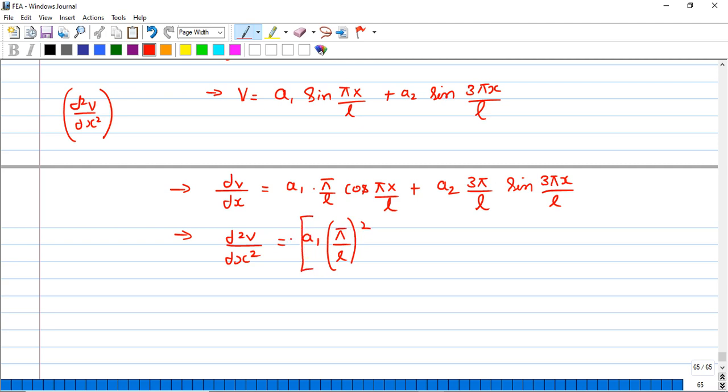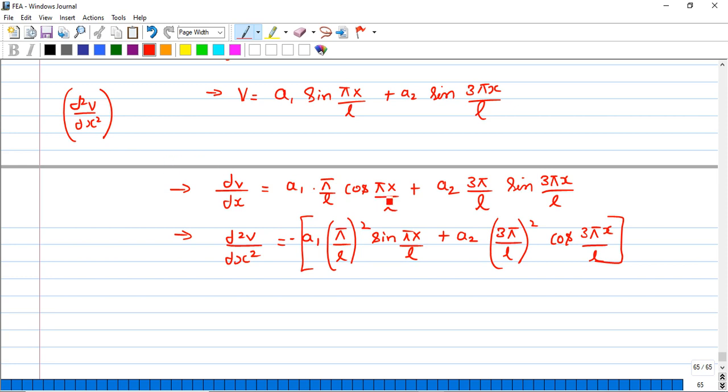I can take minus because the differentiation of cos is minus sin. So I will write this as sin(πx/L) plus a2 (3π/L) whole square cos(3πx/L). So this will be my ∂²v/∂x².